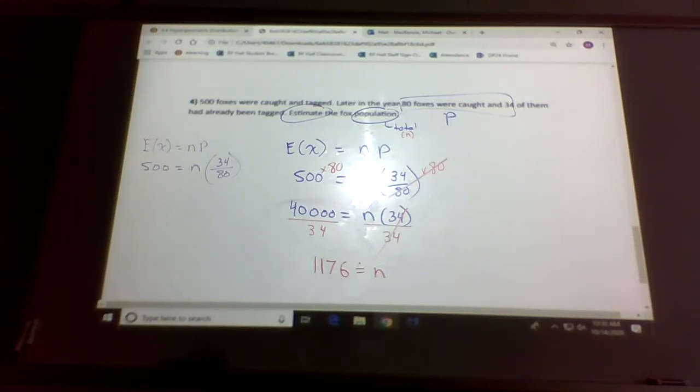Can you just do 500 times 80 equals 40,000, and then divided by 34 equals 1,176? Yeah, that's what we did. So you could bring it over and multiply by 80, divide by 34.